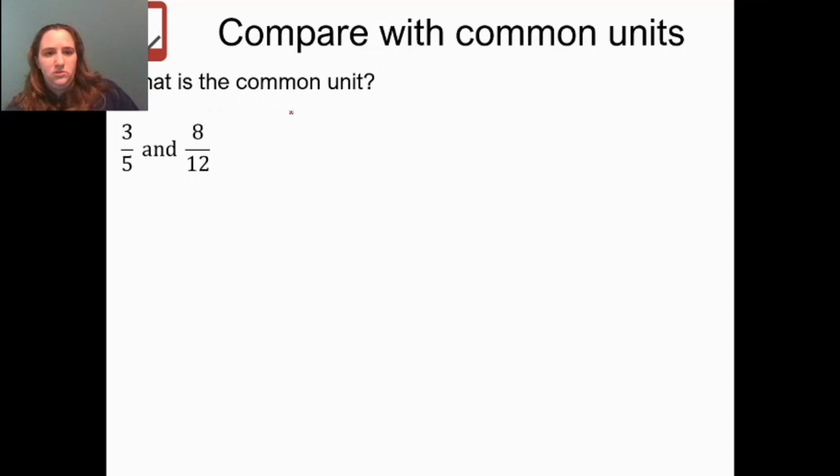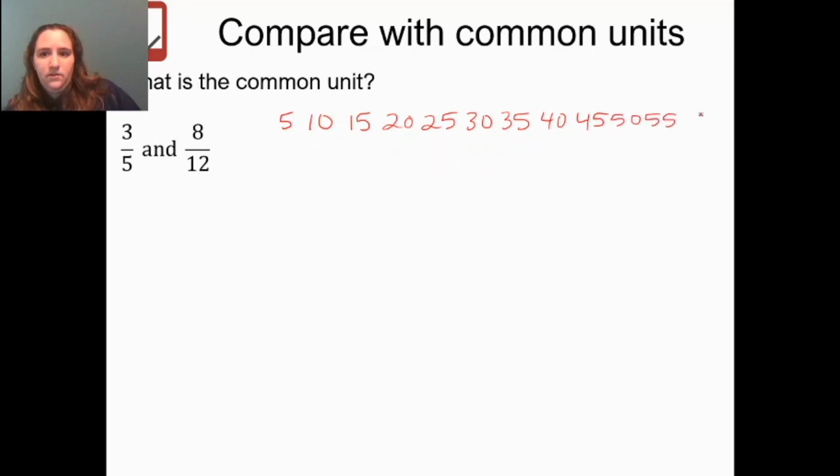So if we list the multiples of 5, we have 5, 10, 15, 20, 25, 30, 35, 40, 45, 50, 55, 60, 65. All right, and that's all the ones I have room for. And so now we can list the multiples of 12.